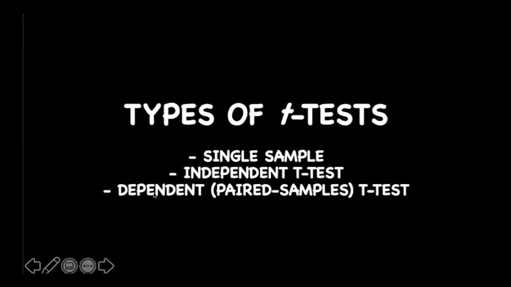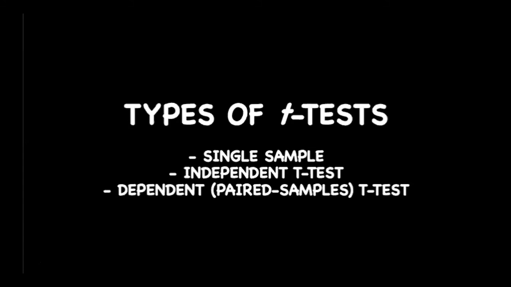These are also often referred to as dependent t-tests, which kind of makes sense because of the way that the samples are used within the test, right? Independent, meaning that the samples are independent or separated from each other. Paired samples, meaning that you have the same person being paired, as far as measurements are concerned.